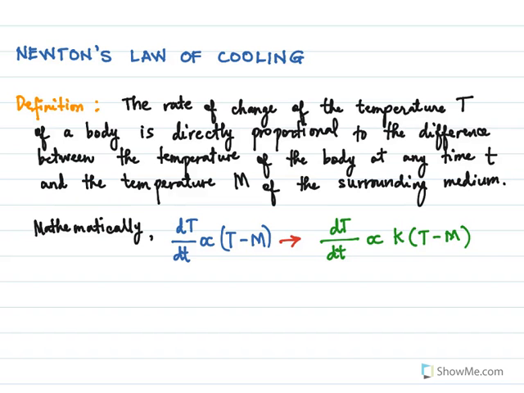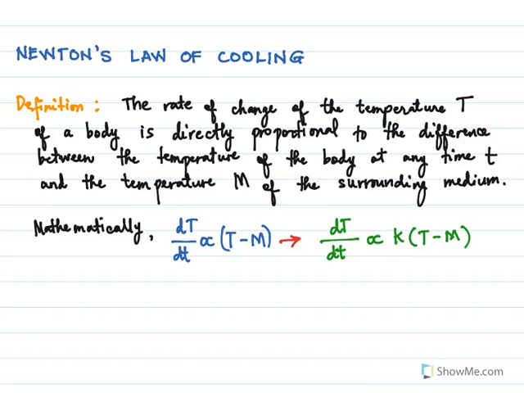Now, another application of your first order ordinary differential equations is what you call Newton's law of cooling. By definition, the rate of change of the temperature, capital T, of a body is directly proportional to the difference between the temperature of the body at any time t and the temperature M of the surrounding medium.